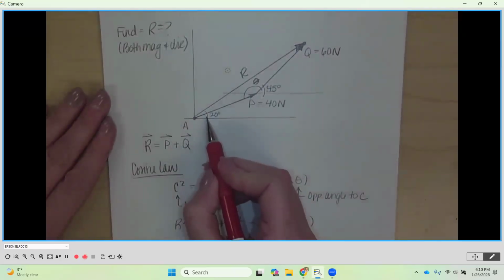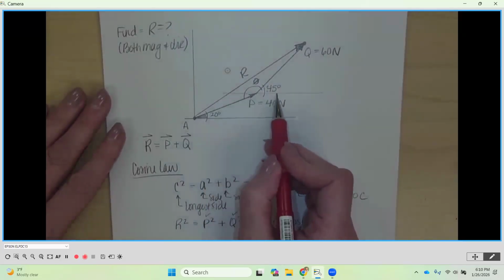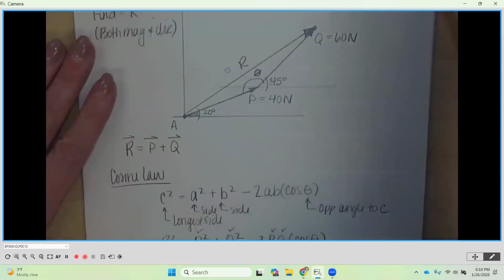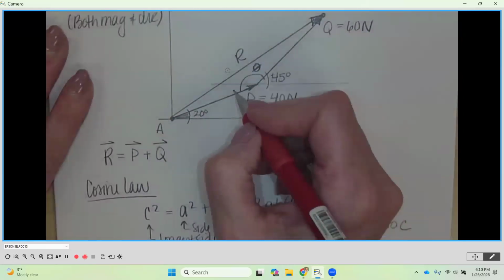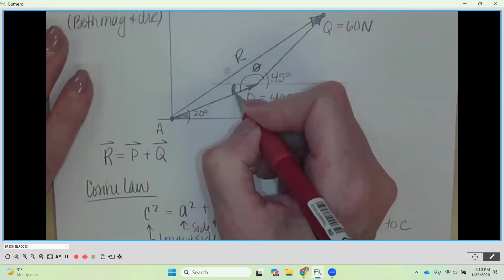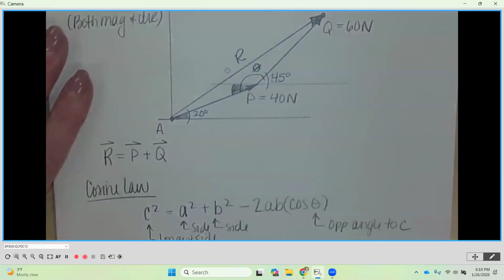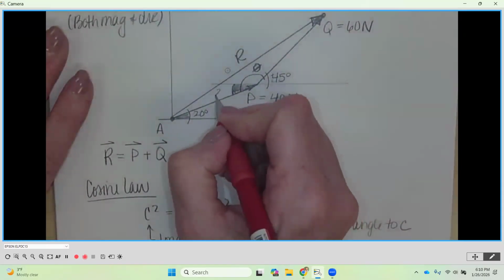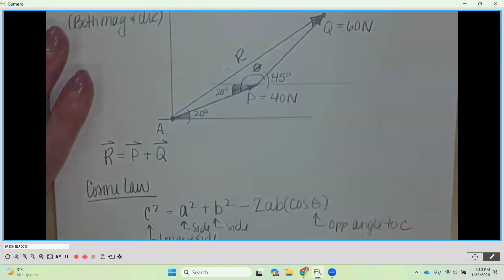So you'll notice that we have this angle of 20 degrees right here, right? With that horizontal line that I used to construct here, okay? Do you see how 20 degrees is also right here? You see that that's 20 degrees? Yeah. So this is 20 degrees and that's 20 degrees. All right.